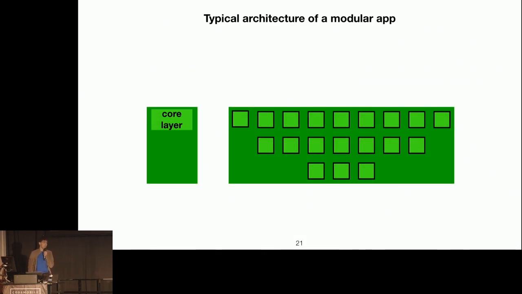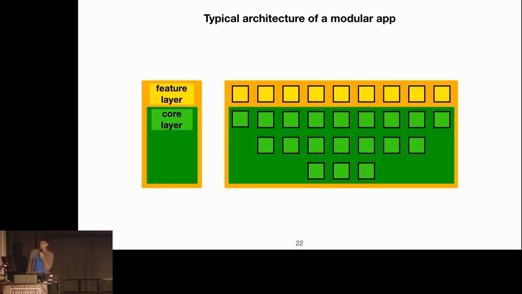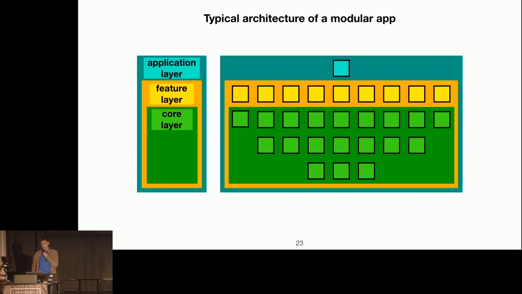So at the bottom we have core layer. It consists of just utility modules like networking, analytics, feature toggles, and so on. Core layer is used by the feature layer, which consists of modules with UI, like messenger feature, newsfeed feature, settings feature, and so on. And features get reused by applications.